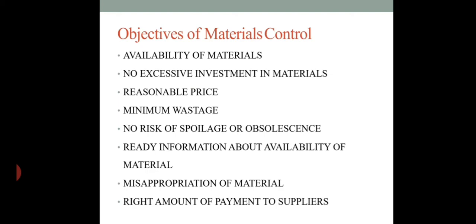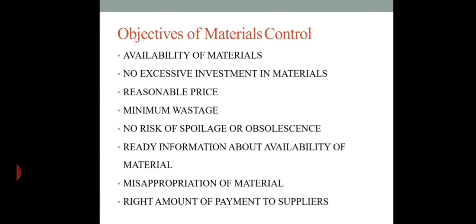And the next one is no risk of spoilage or obsolescence. In order to avoid spoilage or obsolescence, the maximum quantity of each material is determined, and the proper method of issue of material is followed, so that will guide the material control.